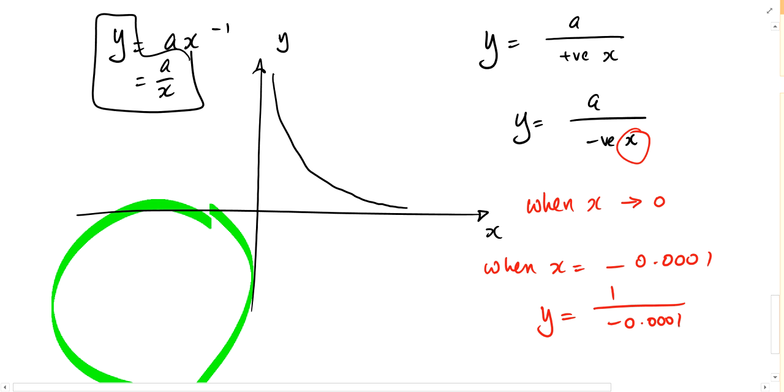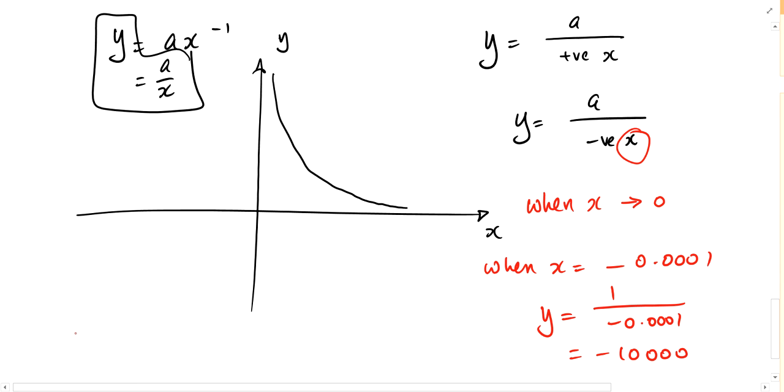What does your calculator tell you? Negative 10,000. It's a large magnitude negative number, right? So where is it found on my y-axis? At the bottom. So can you imagine if your x goes closer and closer to 0, then the y value must go closer and closer to negative infinity. So it is going to be somewhere over here.